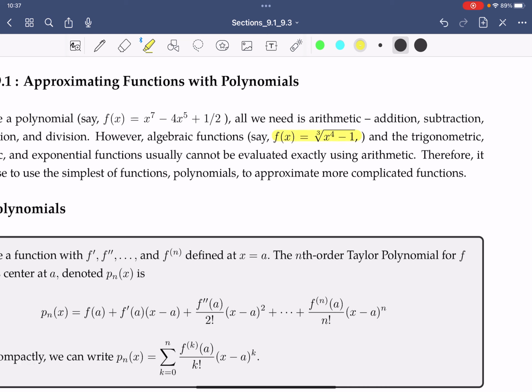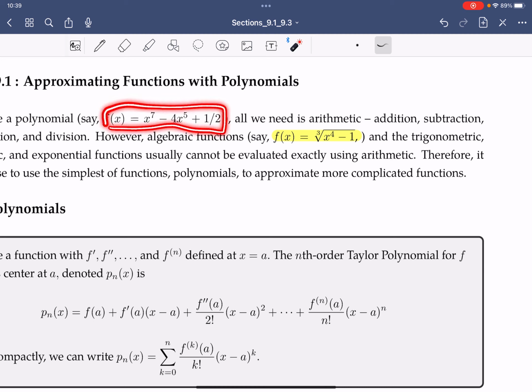This one is hard to compute if you plug in 1.02 or any number like that. With the cube root, you don't have a formula to do it. So we're trying to approximate it by using a polynomial.